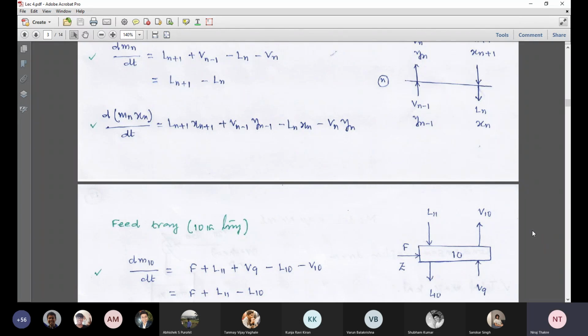You see, are you getting this equation for feed tray? Anyone got this?